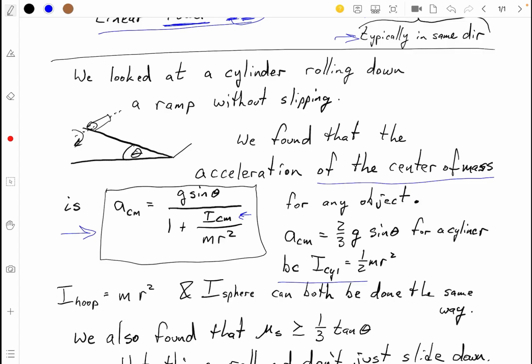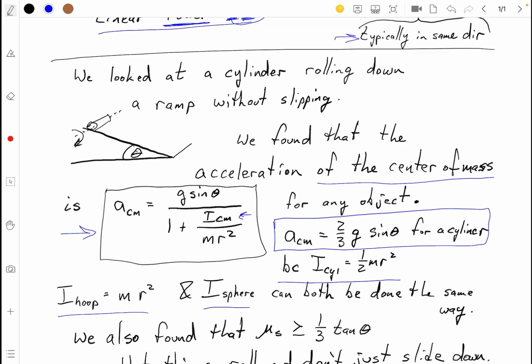So if you're using a cylinder that has this moment of inertia, when you plug that in, make sure you do it yourself. You can pause the video and do that. Make sure you get 2/3 g sine theta, okay, when you do that. You can have a hoop, okay, or a sphere. What is I for a sphere?